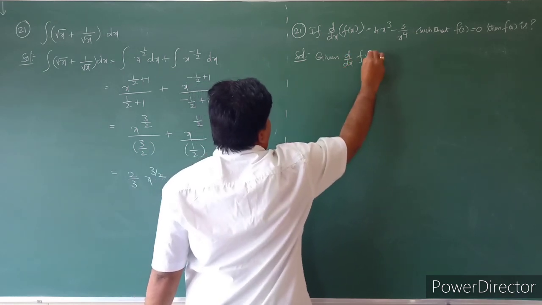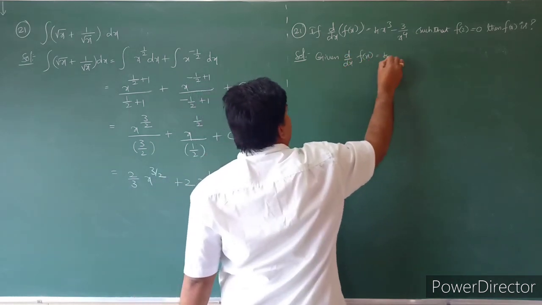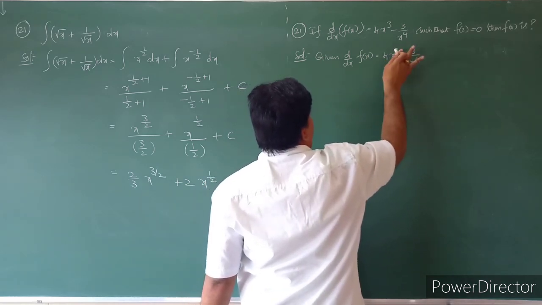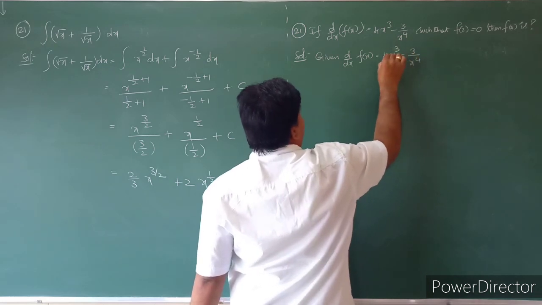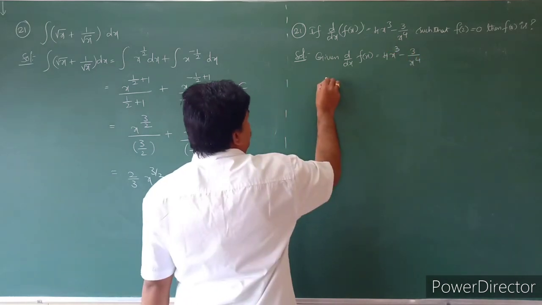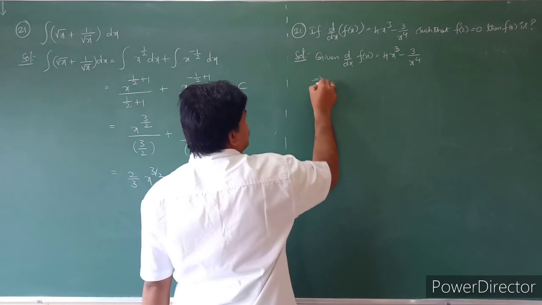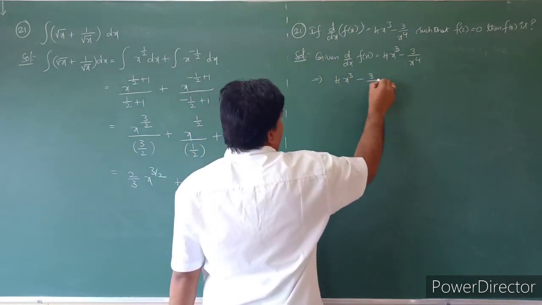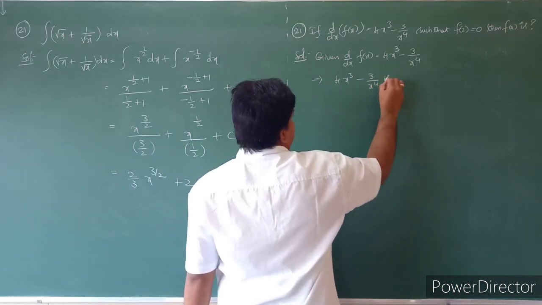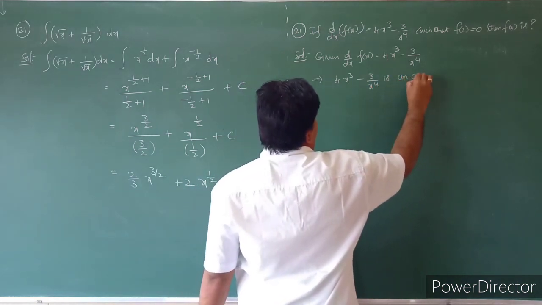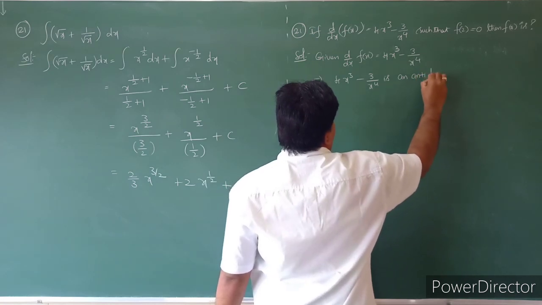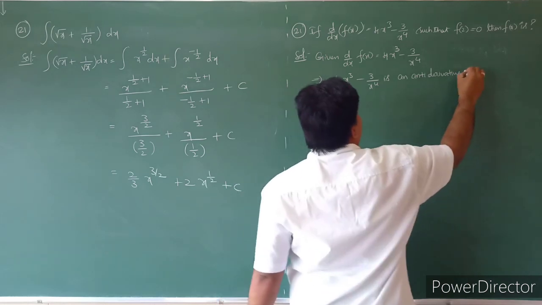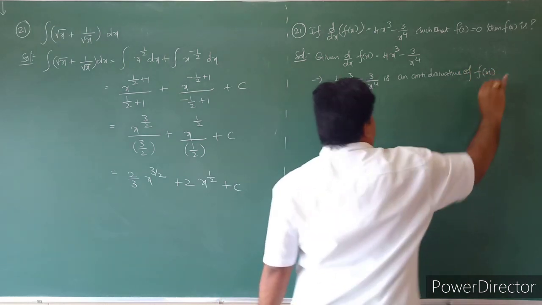Given derivative of f of x is equal to 4x cube minus 3 by x power 4. That implies 4x cube minus 3 by x power 4 is an antiderivative of f of x.